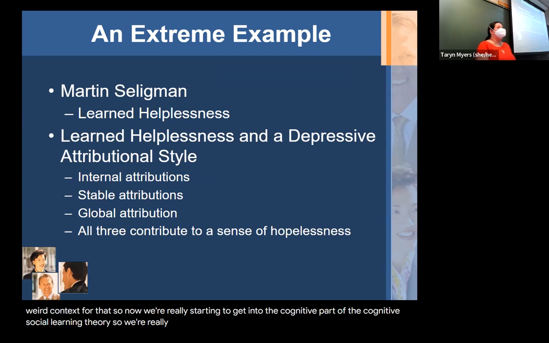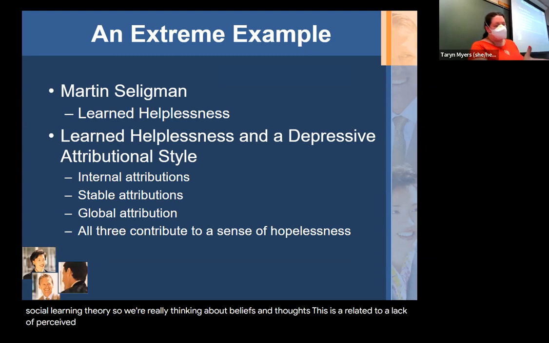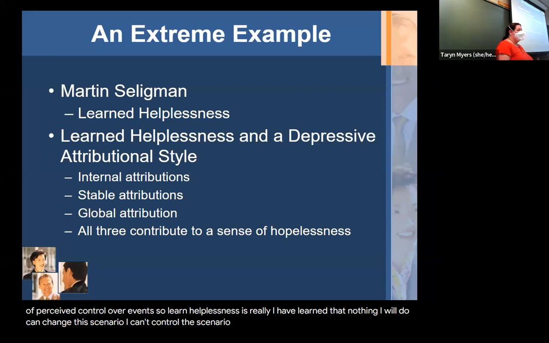We're really thinking about beliefs and thoughts. And this is related to a lack of perceived control over events. So learned helplessness is really, I have learned that nothing I will do can change this scenario. I can't control the scenario, so I'm just going to roll with it.